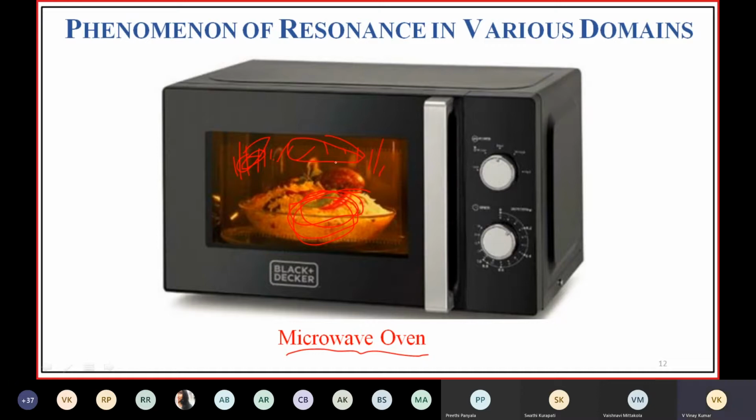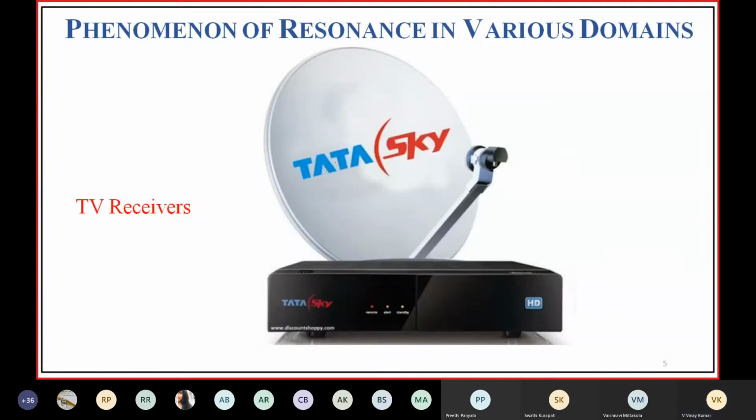The food is heated quickly in a microwave because of resonance. Next example is TV receivers. You're going to have electromagnetic waves.